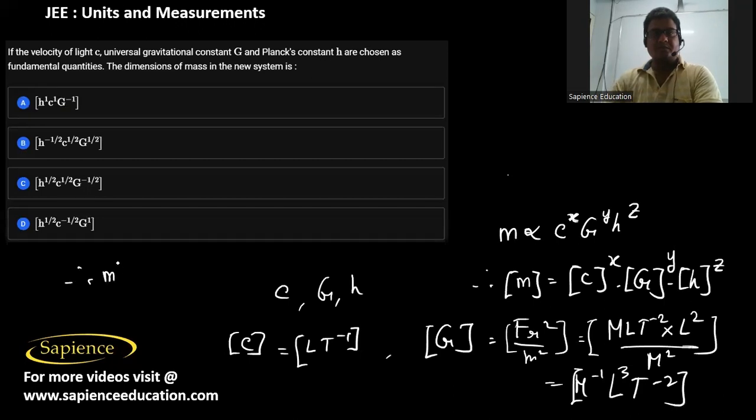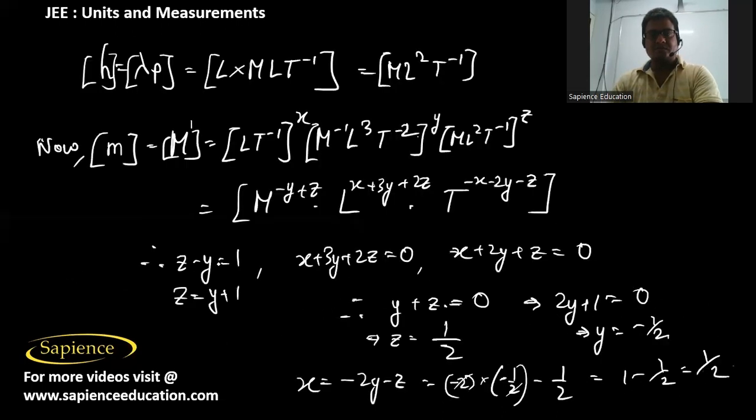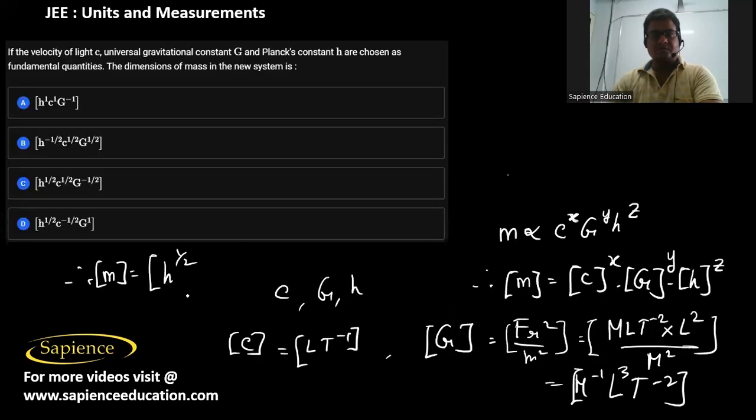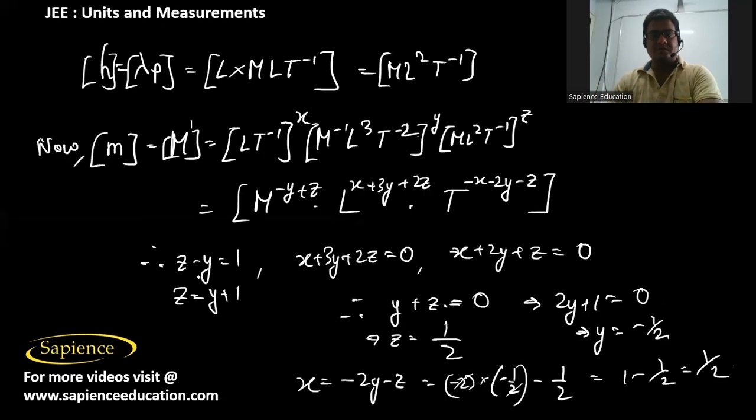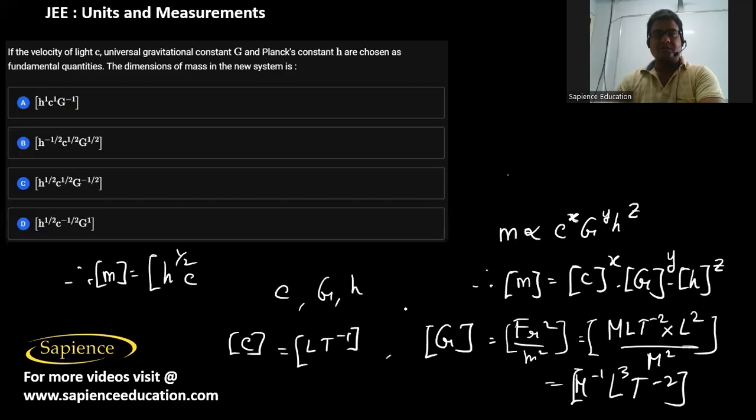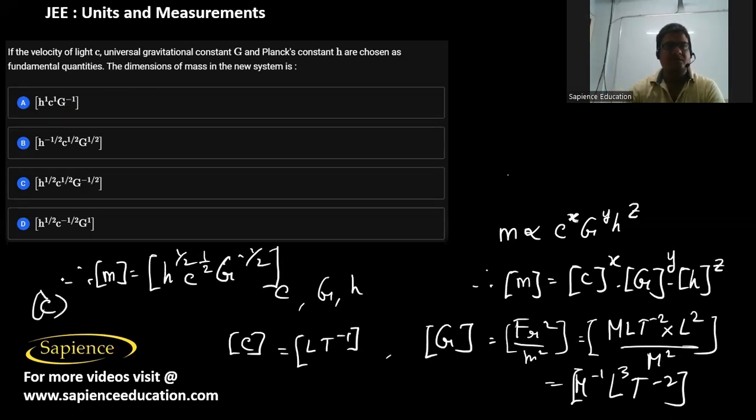Therefore the dimensional formula for M is c power half, h power half, and G power minus half, since x and z are half but y is minus half. So it will be c power half into h power half into G power minus half. So option C is the correct answer.